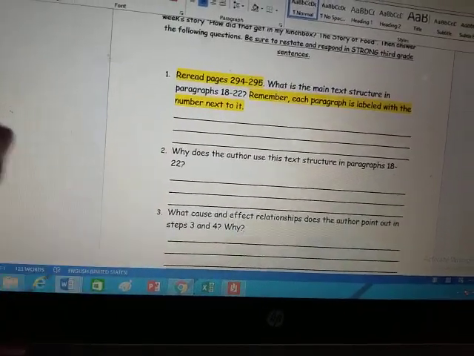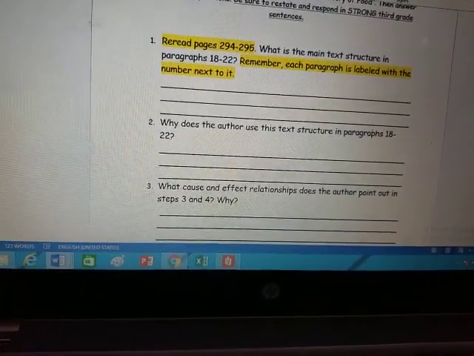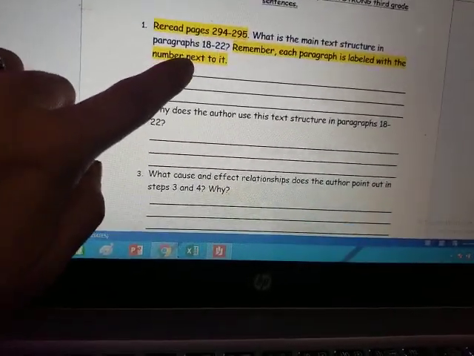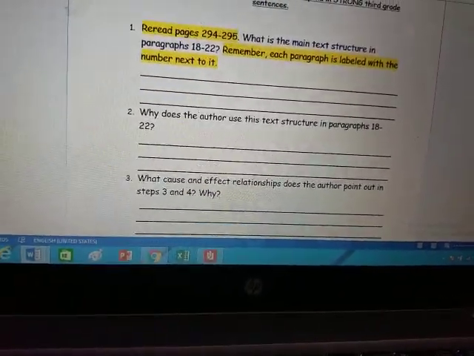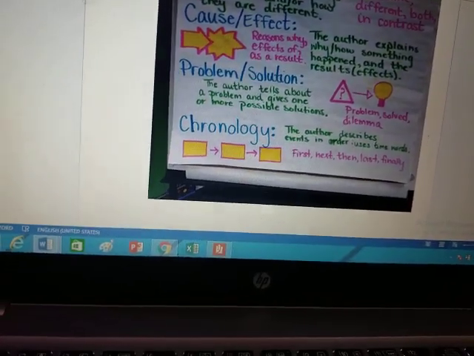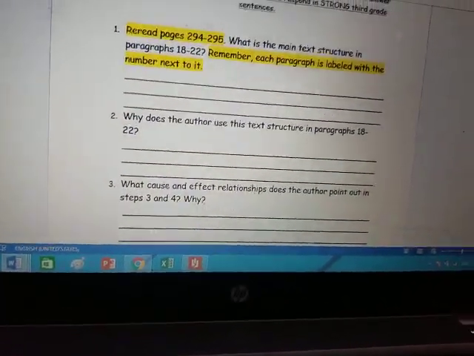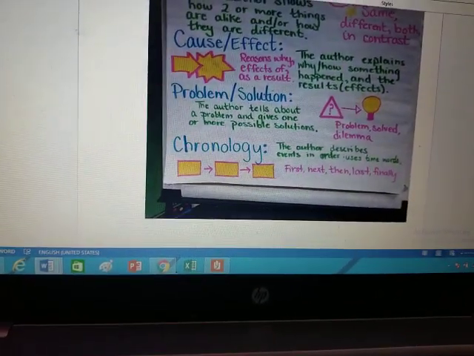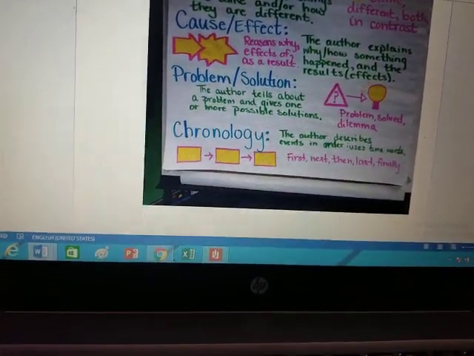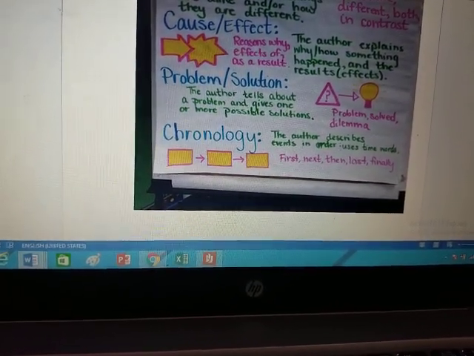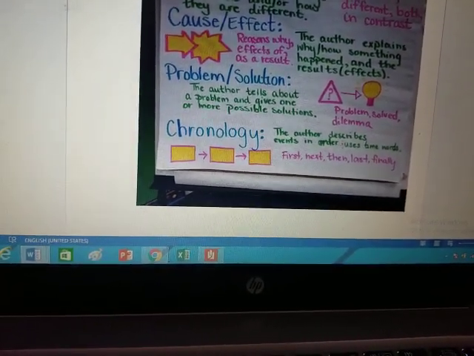Number 2, why does the author use this text structure in paragraph 18 and 22? So now you're looking at this one. Whatever answer you chose, one of these, tell me why he chose to do that one. Why do you think, if you think it was problem and solution, tell me why the author said it was a problem and solution. Now, problem and solution is not the answer, but let's pretend it was.